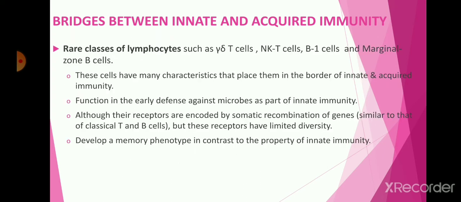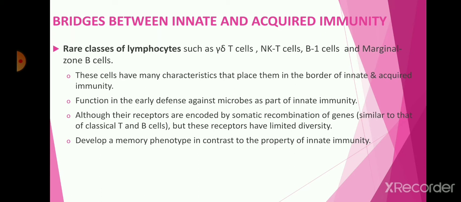Then there are rare classes of lymphocytes such as gamma delta T cells, natural killer T cells, B1 cells and marginal zone B cells. These cells have many characteristics that place them at the border of innate and acquired immunity, with communication between innate and adaptive immunity.